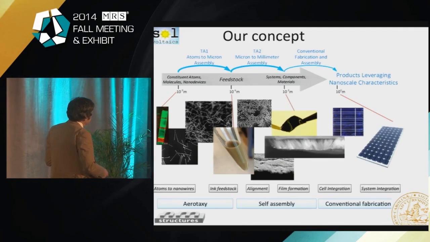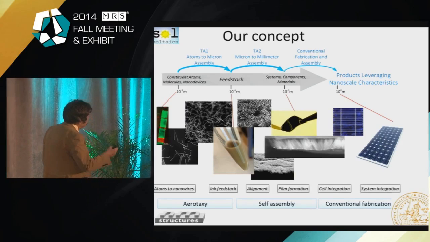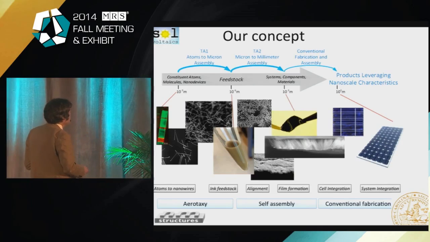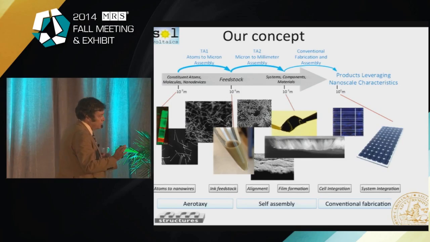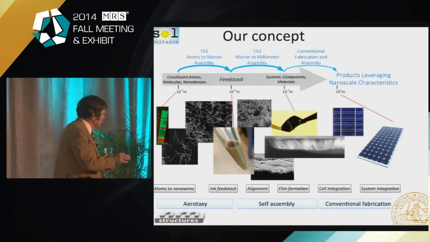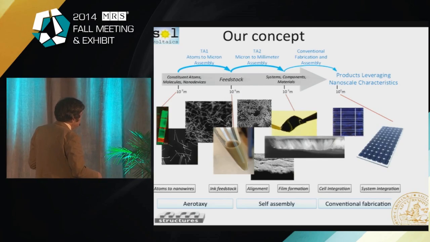So the Aerotaxy brings this into a feedstock where you have all these nanowires dispersed in a liquid. And what you want to do is to controllably assemble these into the perfect arrays for the solar panels or for whatever application you have. You need to do alignment, you need to form ideal films, and then go all the way to integration.